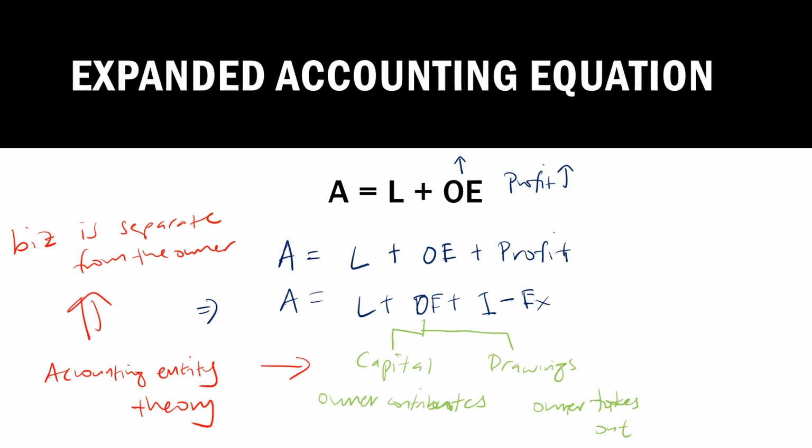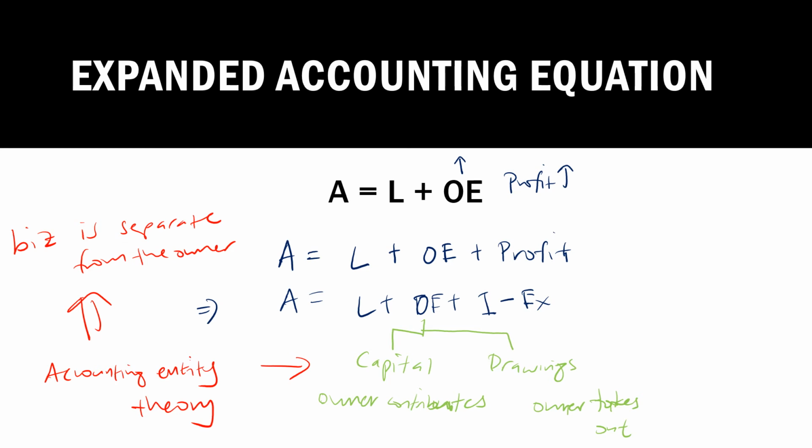So when that is the case, we will always have to record whatever the owner contributes to the business or whatever he takes out from the business, simply because the business is separate from the owner. They are not one entity together. So you also need to remember the definition of accounting entity theory, especially for theory questions, and how it's applied.